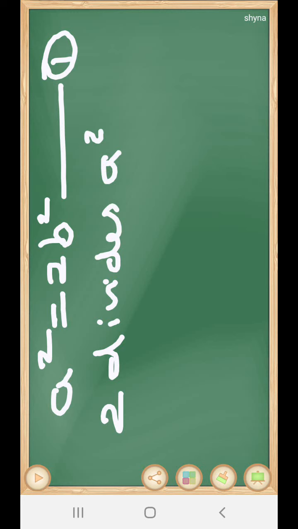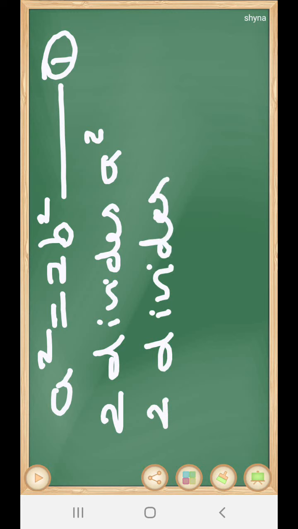If 2 divides a square, by the theorem, what can we say? 2 divides a. Yes, we have the theorem: if p divides a square, then p divides a. Here, if 2 divides a square, 2 divides a.